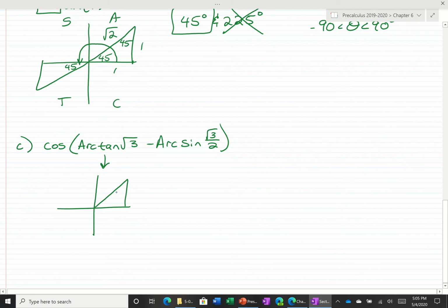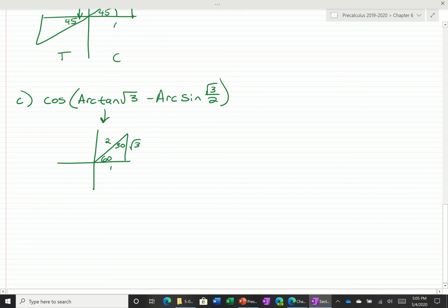And if this was 30, this would be 1, 2, and root 3. So this would be 60. The tangent of 60 is root 3 over 1. Arc tangent means we're just looking between -90 and 90. So that first angle would just be 60 degrees.